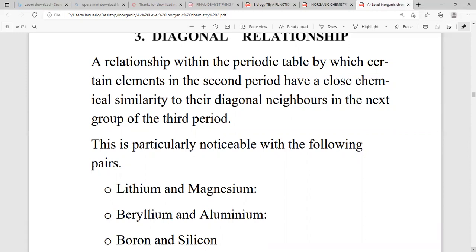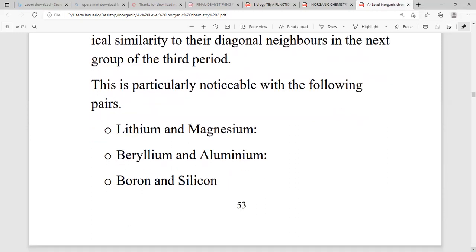And their chemical properties resemble those of the elements in the next group. For example, lithium and magnesium, beryllium and aluminium, and then boron and silicon. Let's look at their properties.